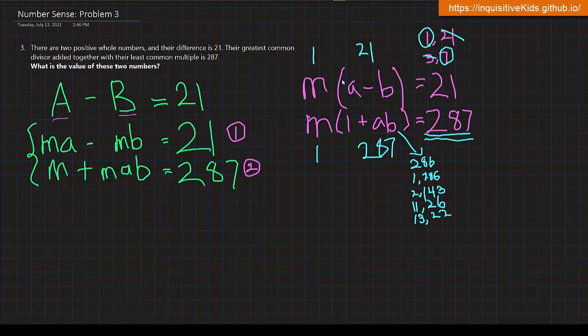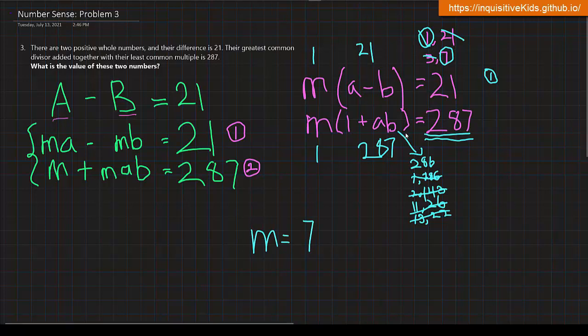But remember, over here in the first equation, a minus b has to equal 21. 286 minus 1 does not equal 21. 143 minus 2 does not equal 21. 26 minus 11 does not equal 21. And so doesn't 22 and 13. So now we know that M has to be 7 because M equals 1 does not work.